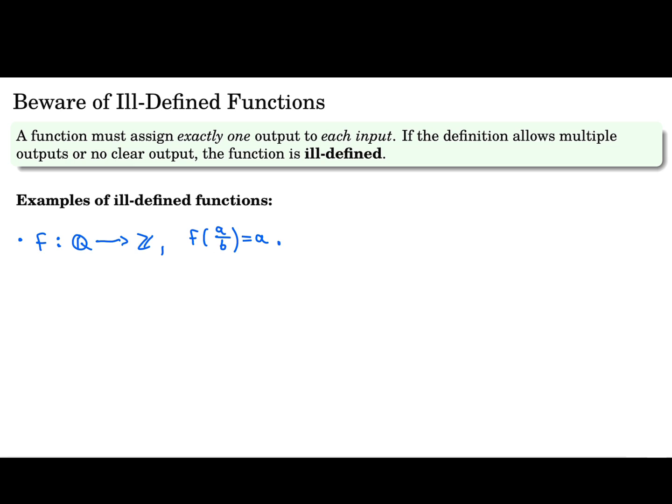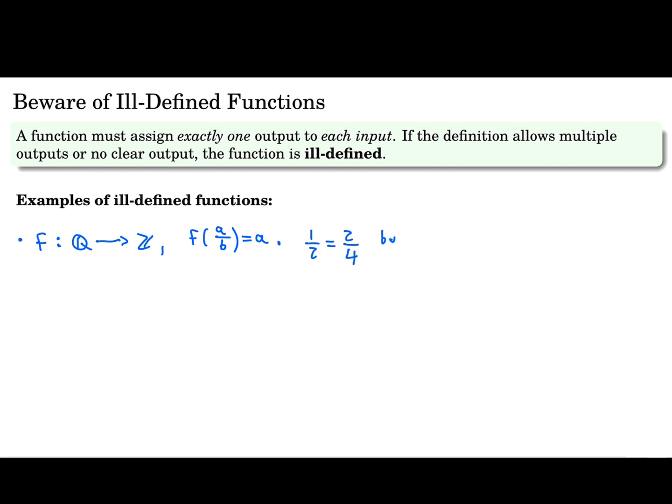Now the issue with this, and why this is not a function, is that the same rational number will have different fractional representations. For example, half is equal to 2/4.